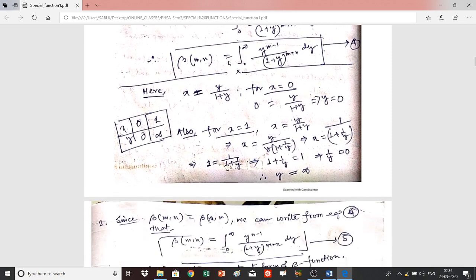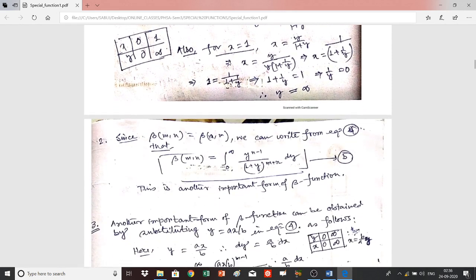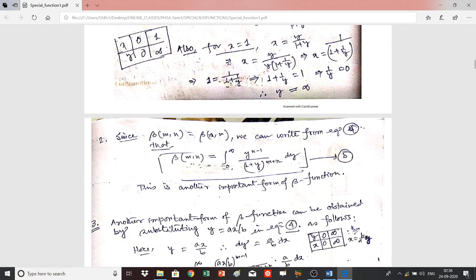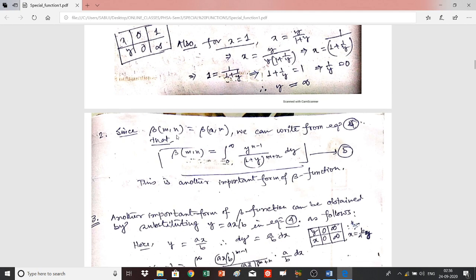So now come to another form of beta function. Since we know that beta(m,n) is equal to beta(n,m), that means the symmetric property is preserved in the case of beta function.